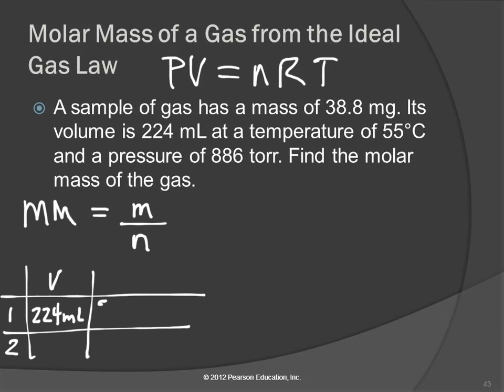55 degrees Celsius is temperature, right? What do we need to do to that? Change it to Kelvin. Do it right away. So 55 plus 273, that's 328. 328 Kelvin. 886 torr.